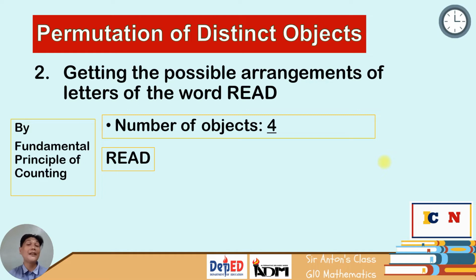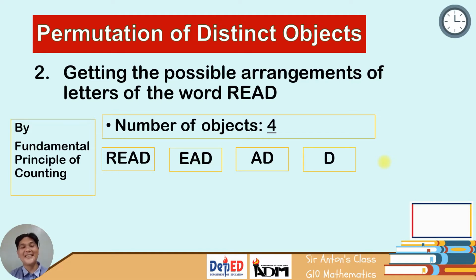And then if we're going to pick one letter, so if we're going to pick R, what's left are the letters E-A-D. And then from that letters, if we're going to pick another one letter, say E, then what's left are A and D. And then, of course, if you're going to pick A, D is left.